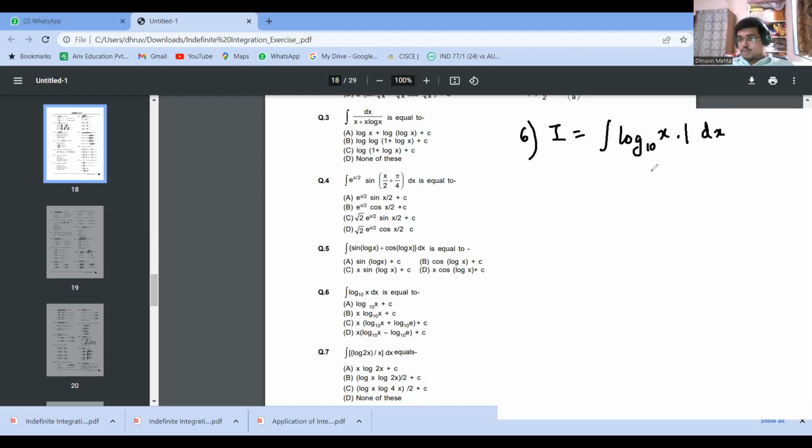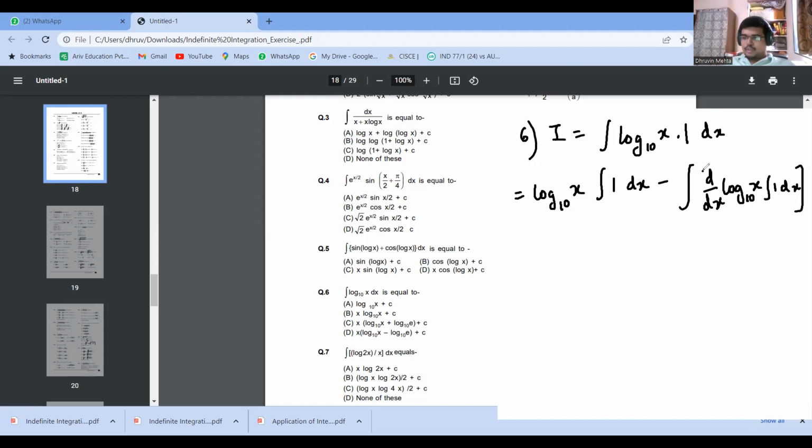So we have to use the UV rule of integration. So basically, log x to the base 10 integration of 1 dx, minus integration of derivative of log x to the base 10 integration of 1 dx. Are you all following this?